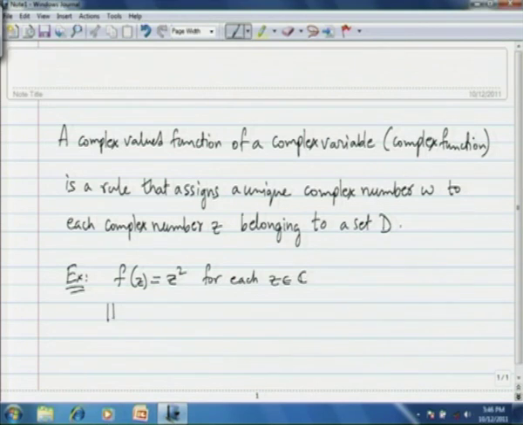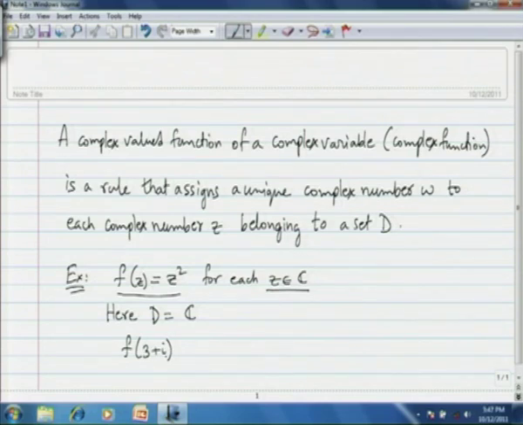Here the set D is all of C, because we are giving this rule f of z equals z squared for each z in all of the complex plane.